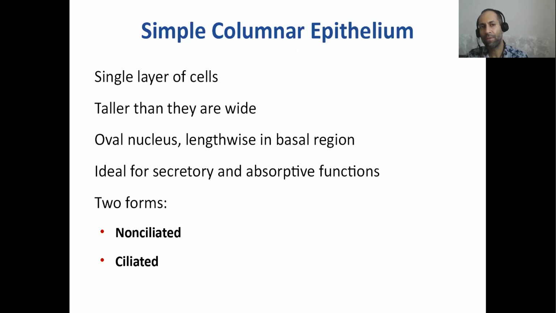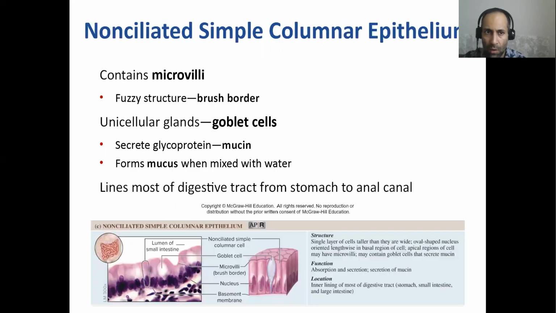Simple columnar epithelium, okay, so column-shaped cells, a single layer, and they come in two types: the ones with hair-like cilia and the ones which are non-ciliated. So let's take a look at the first type, which is non-ciliated simple columnar epithelium. So no cilia, no hair-like structures here. However, you have these little finger-like structures called the villi or microvilli, as you can see.